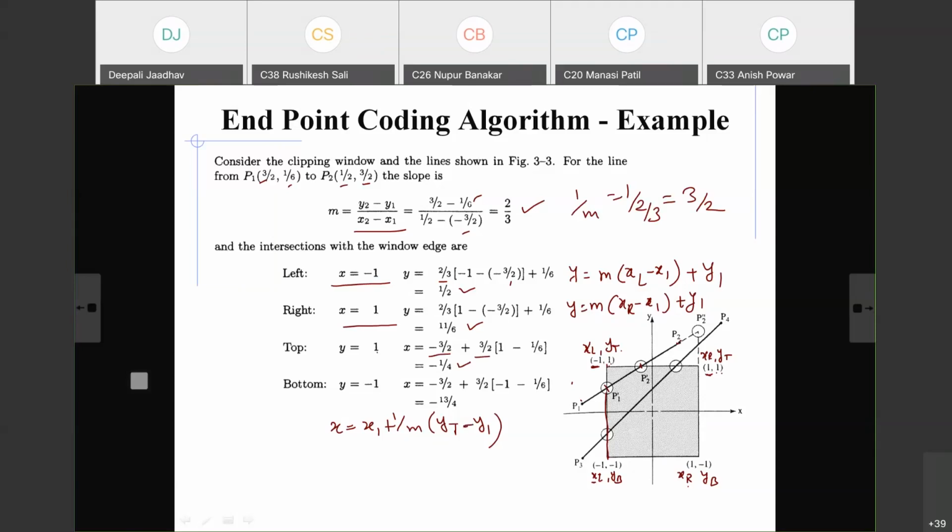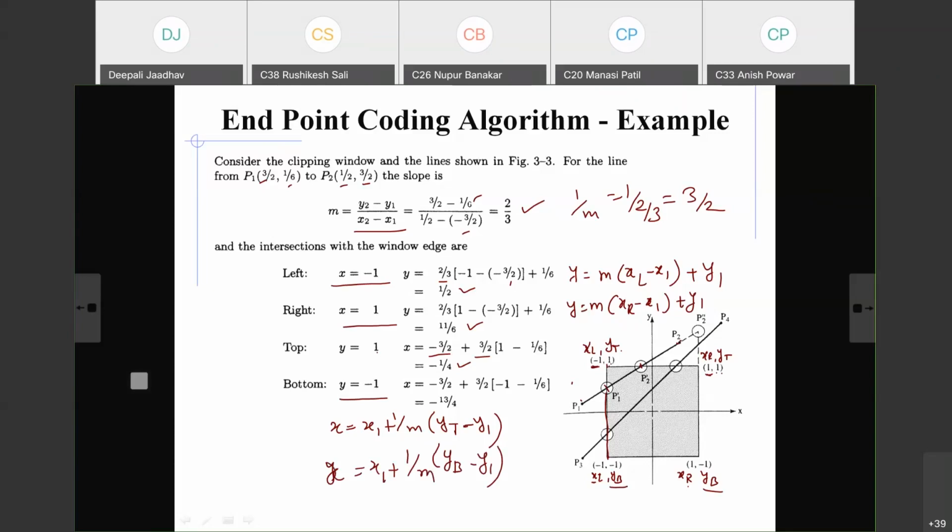Similarly, we calculate for bottom. Y is equal to minus 1 for bottom. You can observe here. Now using the same equation, only instead of yt it is yb, as it is a bottom. So x is equal to x1 plus 1 divided by m times yb minus y1. What is yb? Minus 1.